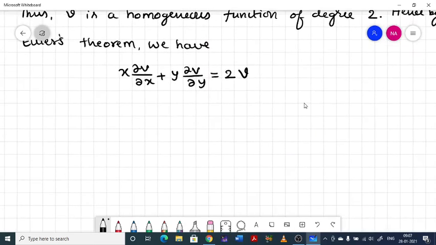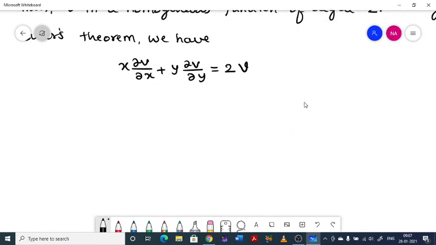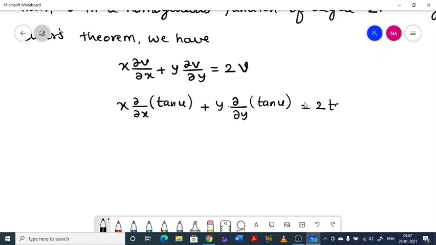Now substitute for v, that is tan u. We get x into dou by dou x of tan u plus y into dou by dou y of tan u equal to 2 tan u.